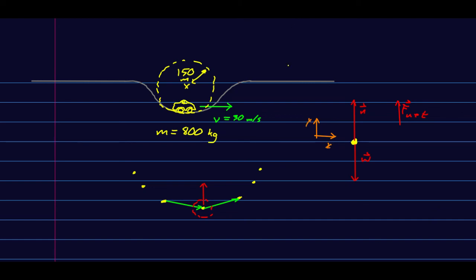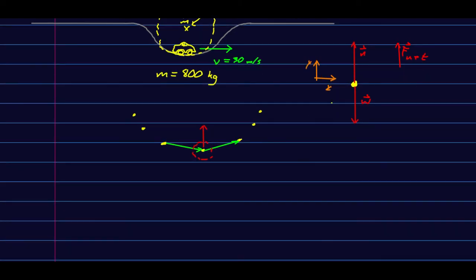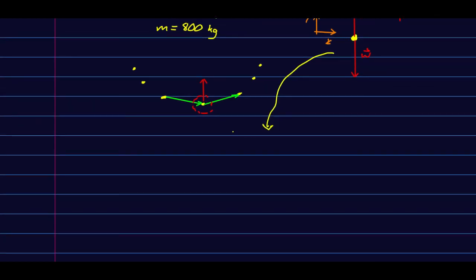And now we go ahead and convert this into a statement of Newton's second law. And what we're going to find here is the normal force acting on the car. So there are no x forces, so we don't even care about the x components.